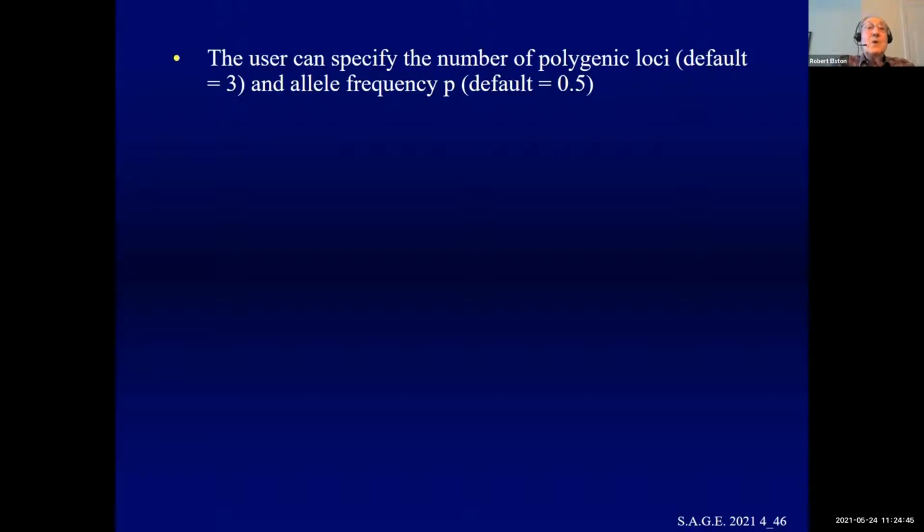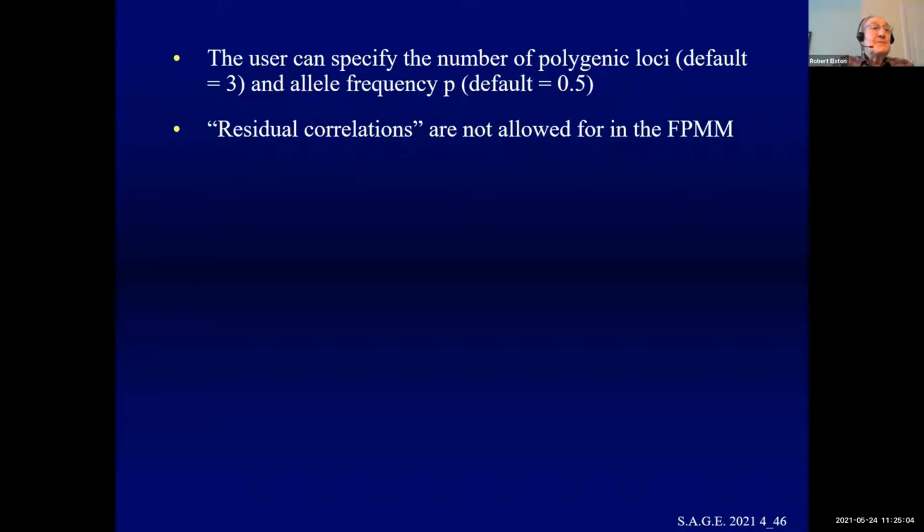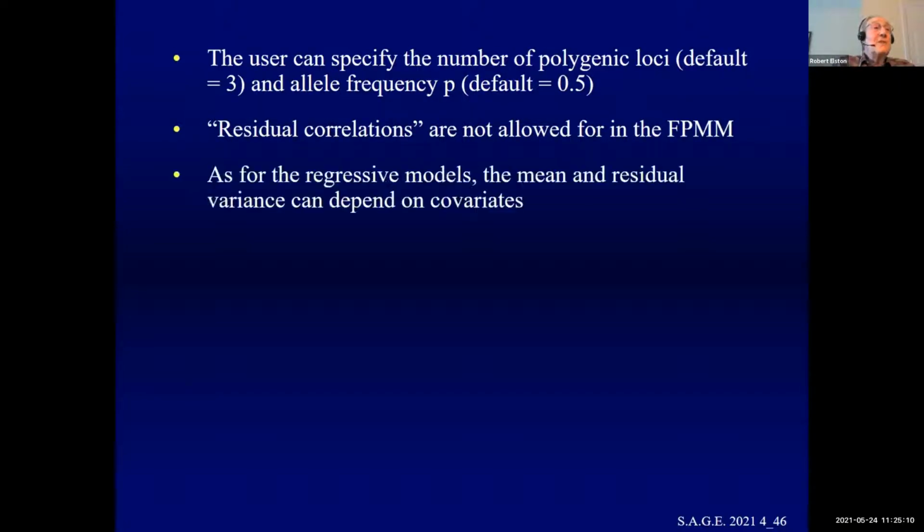As you will recall, when we talked about polygenic inheritance on day 1, if you have 3 additive loci with equal allele frequencies and equal effects, that's pretty close to a normal distribution. So you can't have residual correlations in the FPMM. You just get what you've got.